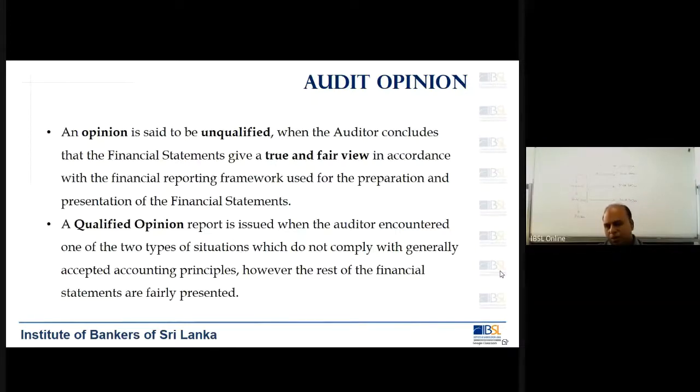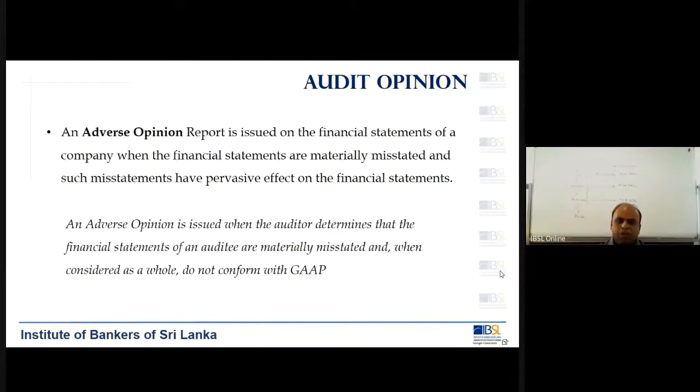Either you might not have followed the accounting standards properly, or you have some internal control lapses, you are not maintaining proper records of transactions. So there could be so many issues. As a result, the auditor can qualify your financial statements considering specific factors. That is what we mean by a qualified opinion.